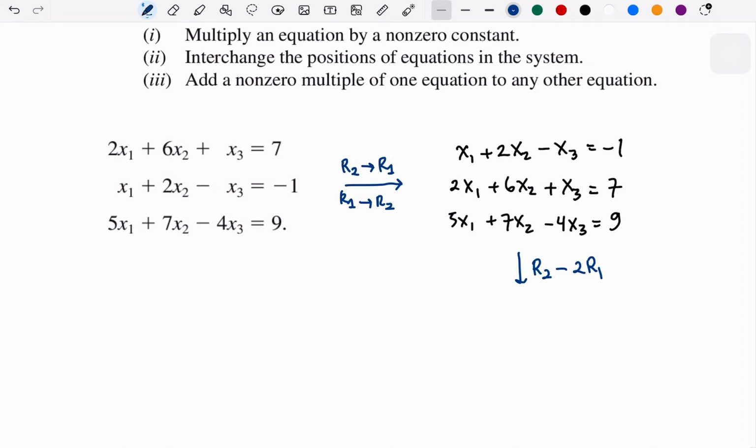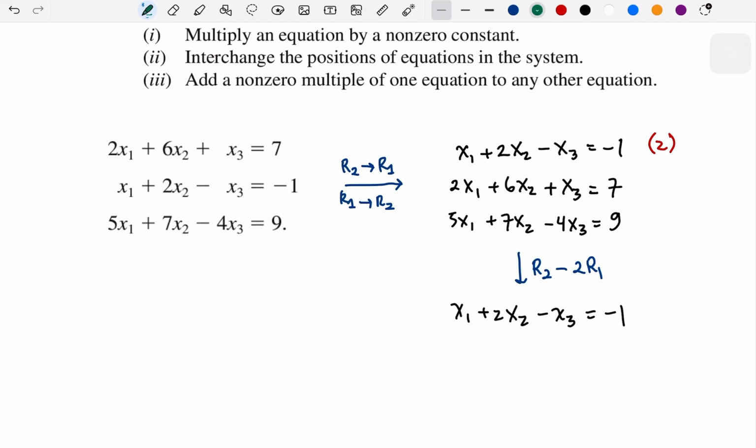So what I want to do is multiply the first row by 2, and then set the second row minus the first row multiplied. That will be the new second row. First, I write again the first one, and for the second one I use this equation, R2 minus 2R1. Let me write with a different color.